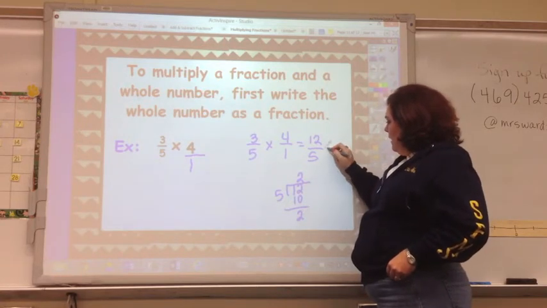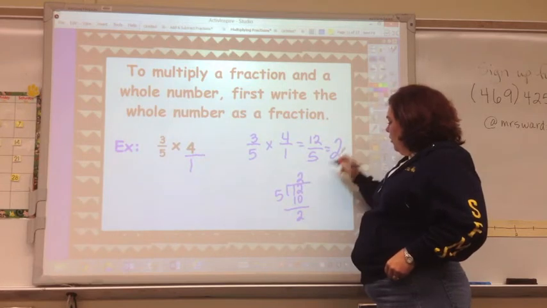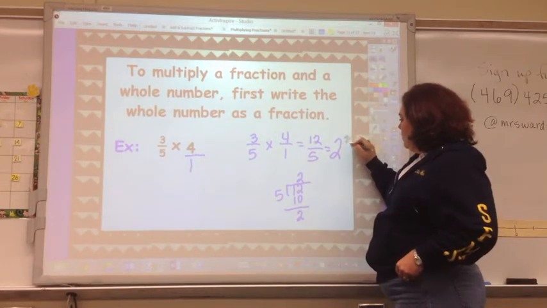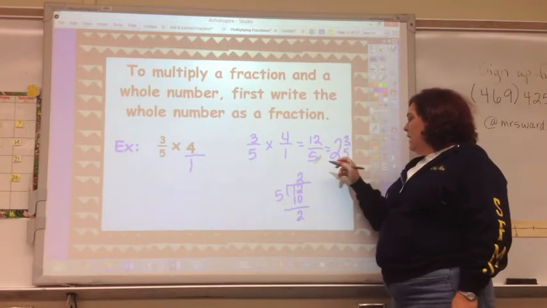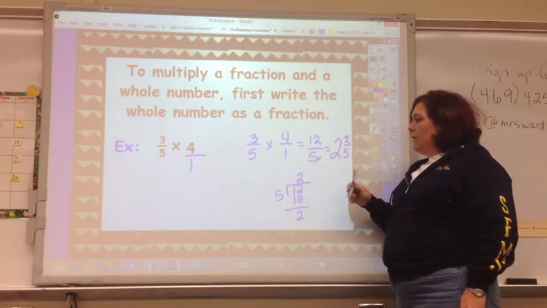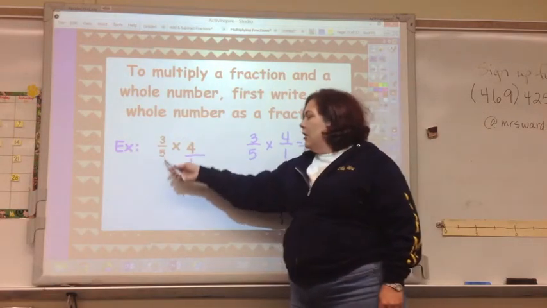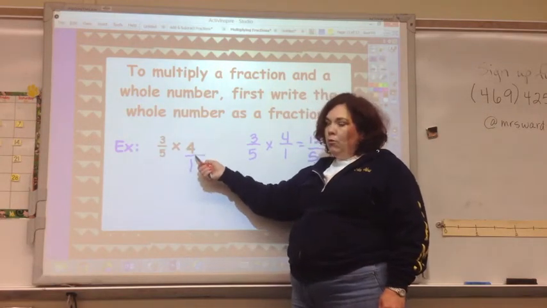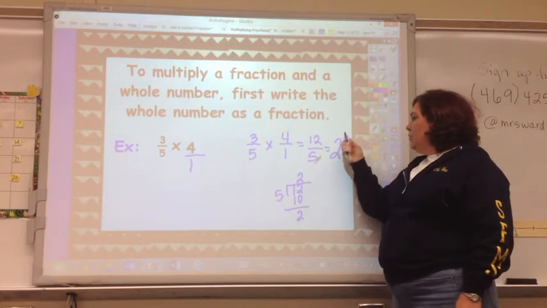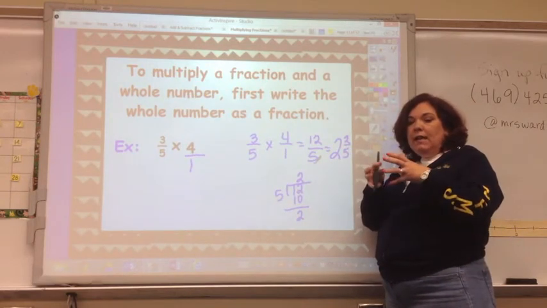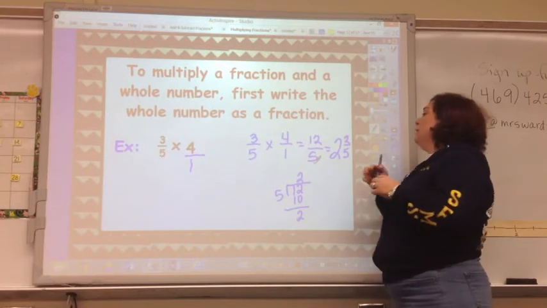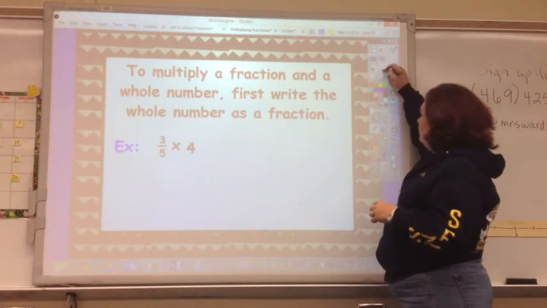And so my answer is 2 whole, and then my remainder is 2, and my denominator is the same, and it's 5. So the answer is a fraction of 4 wholes equals 2 2/5. It makes that whole number go down because you're just taking a fraction of it.